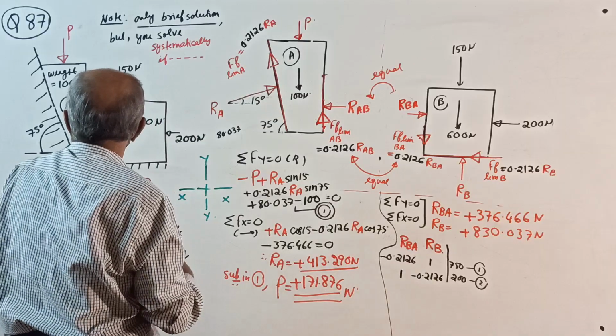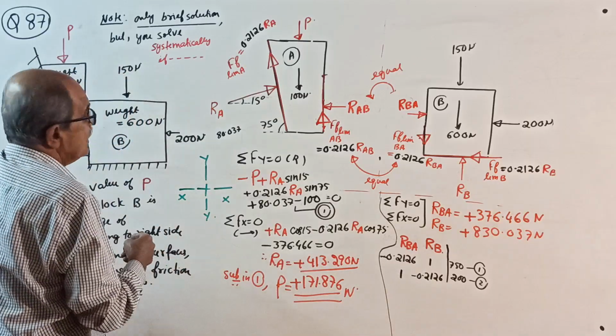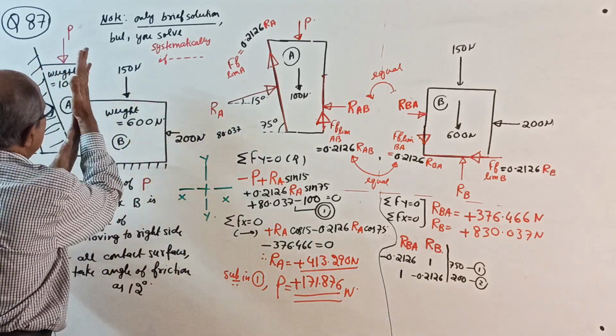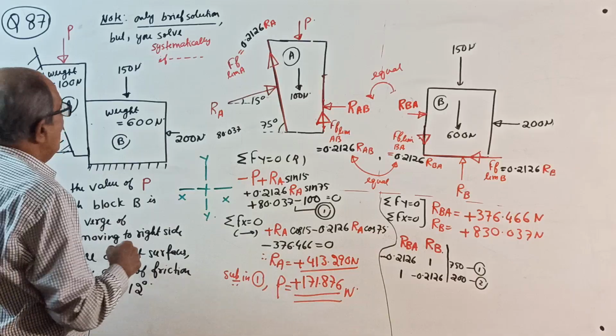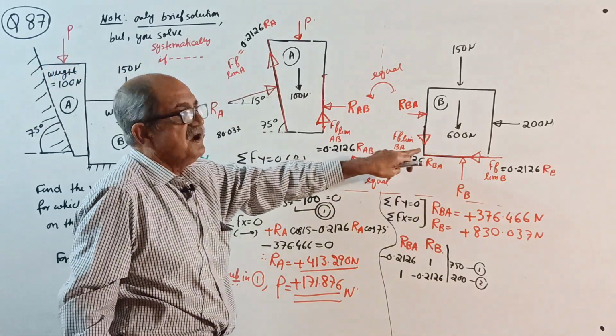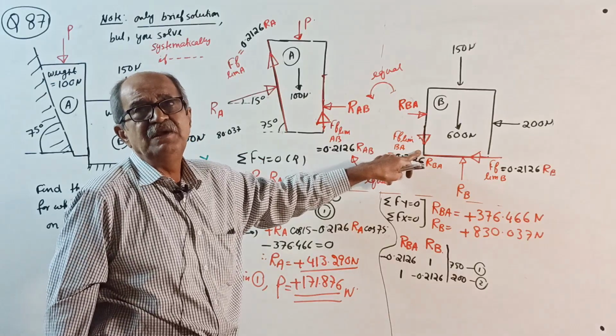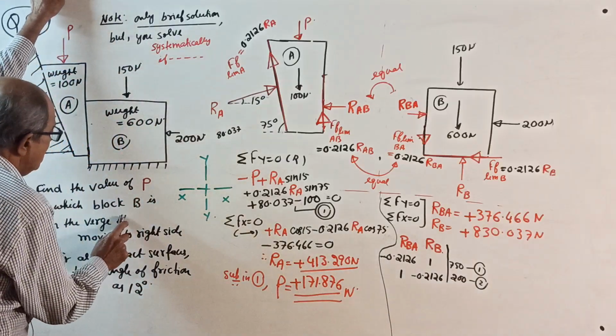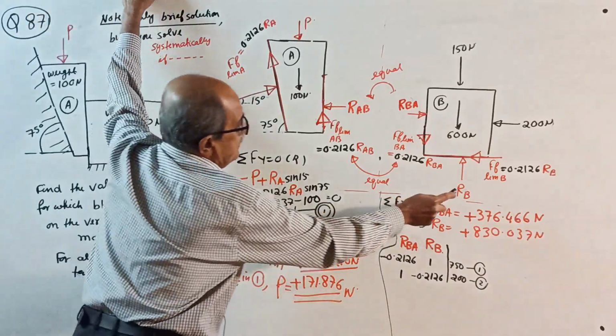When this block B moves down, it will rub. Question number 75, again I am telling. Then here, one normal reaction RB, suffix not required.